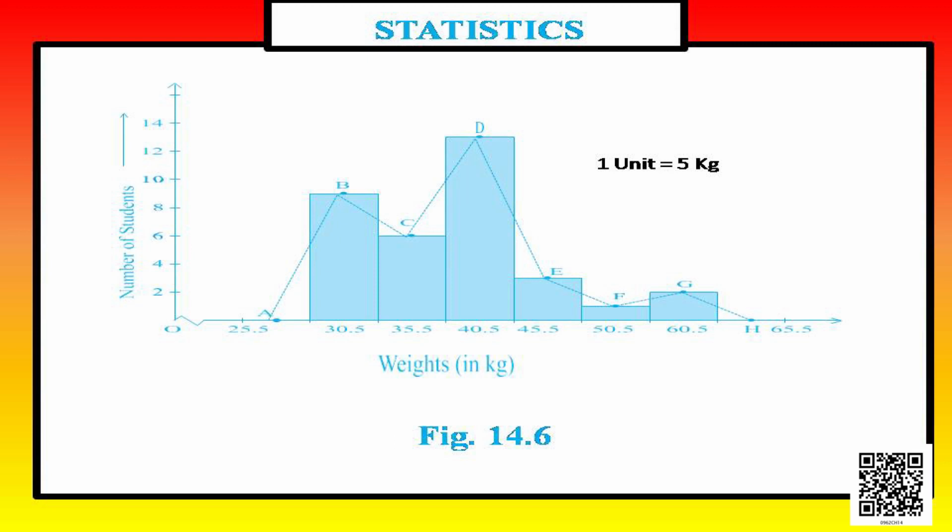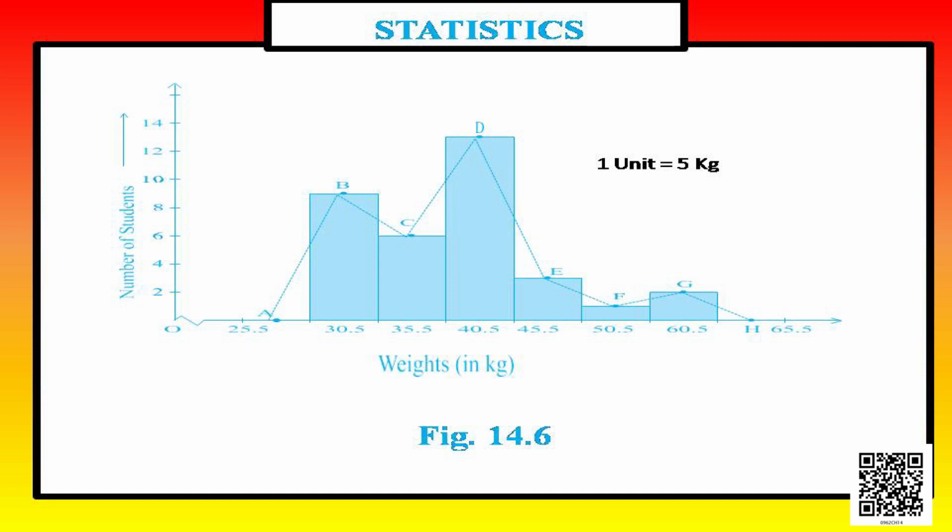Now the histogram is already drawn, you have learned how to draw. On the same figure, see here in the first bar, that is on top of 30.5 to 35.5, we mark the middle point as B, and similarly in the next bar on top of 35.5 to 40.5, we mark the middle one as C, and in the third bar we mark the middle one as D, and similarly E, F and G. But the two end points, since the limit was starting from 30.5, we go one more, that is beyond the limits on both the sides.